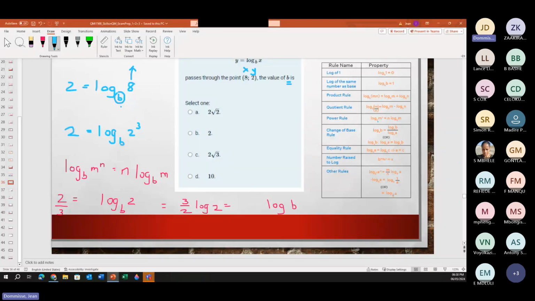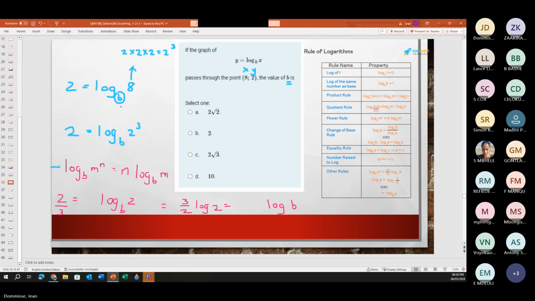Log B M N. It was N. It was log B. It was M. That is right. I was there answer to this one because again it feels like this is not working out.